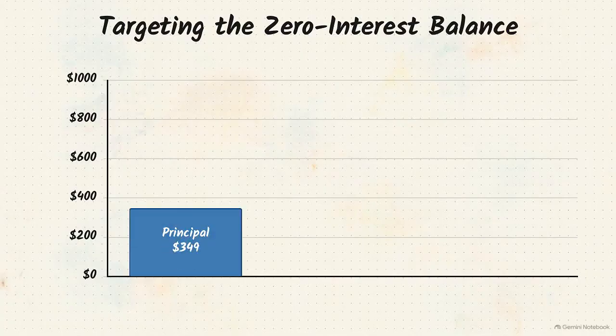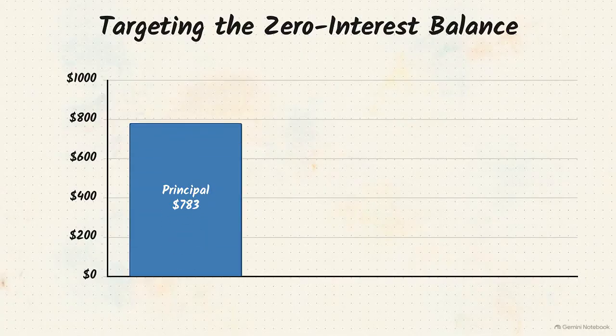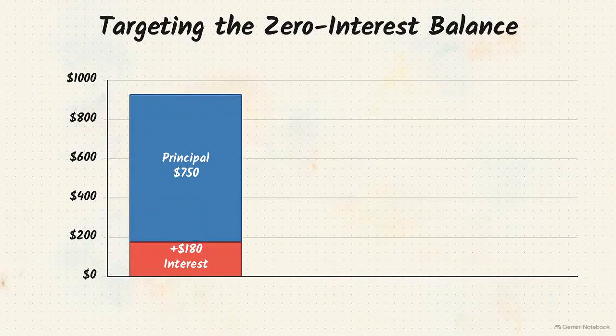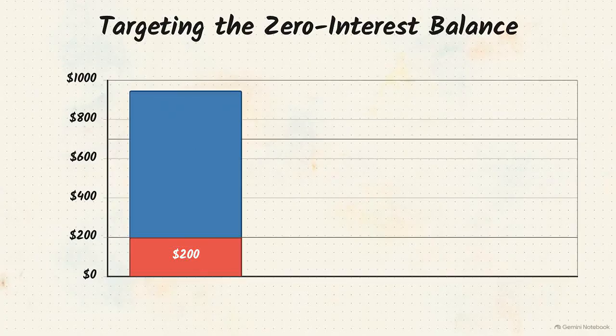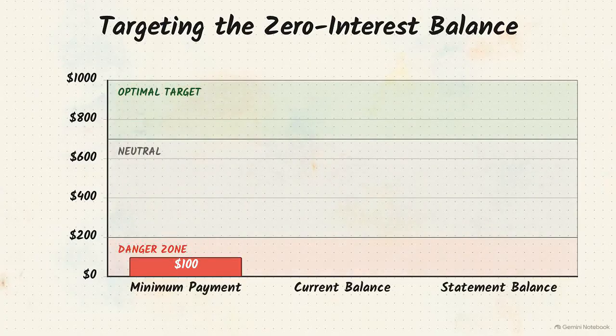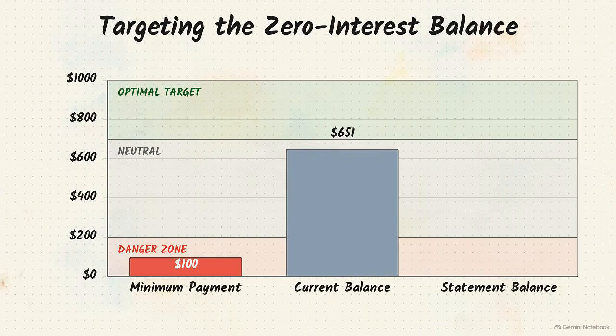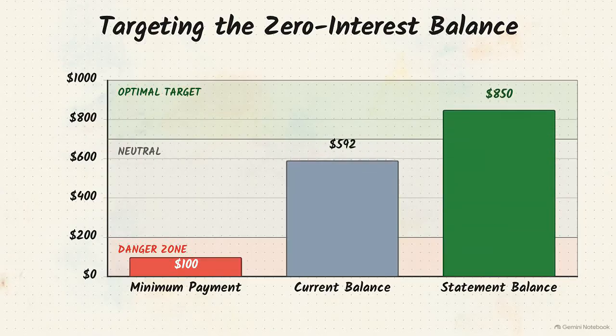It barely reduces the principal, ensuring that interest charges continue to accrue on the bulk of the balance. This chart shows how these 3 numbers compare. The minimum payment sits in a red danger zone, while the current balance fluctuates in neutral territory. The statement balance is the optimal target, the specific threshold required to keep your interest costs at 0.